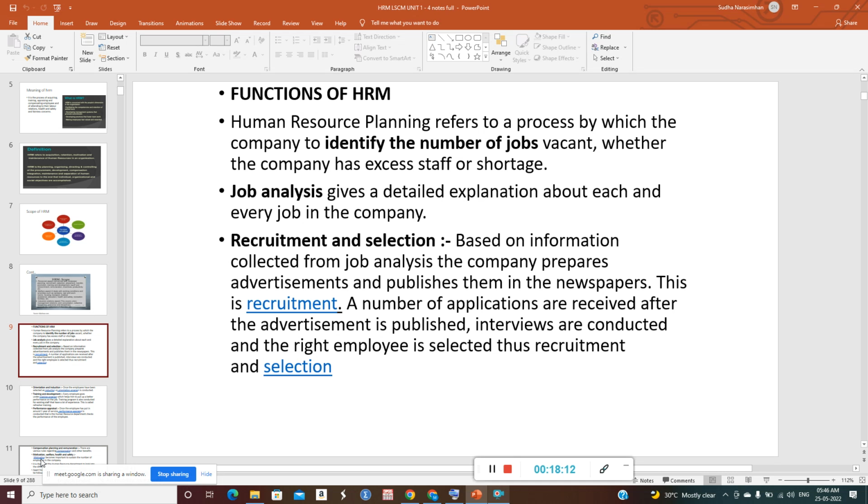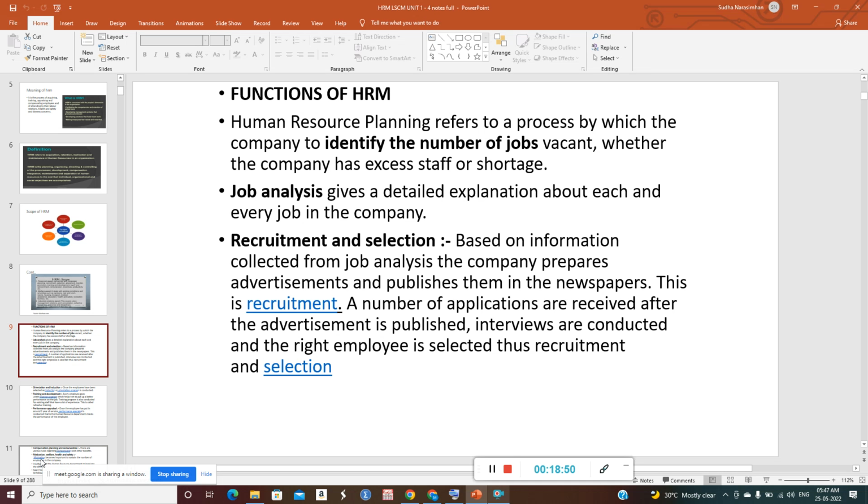It's important that the current jobs are analyzed properly. You need to look into whether any upgradation is required, and certain things that are redundant in the jobs need to be removed. Nowadays, jobs are technology oriented, where technology has started to play a vital role. Has the organization included that aspect in the job? We need to look into that.